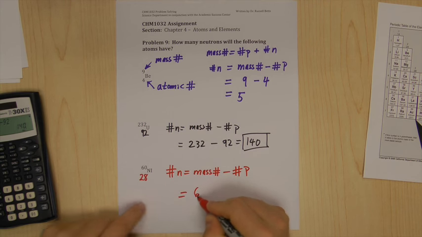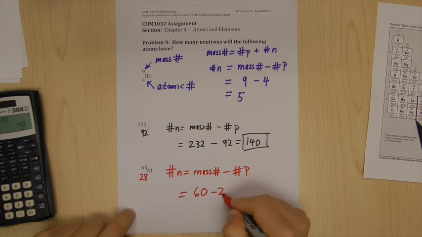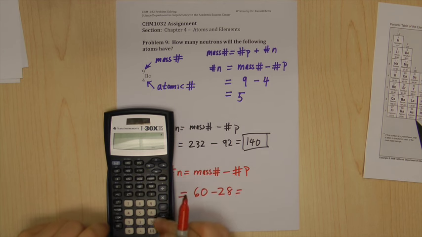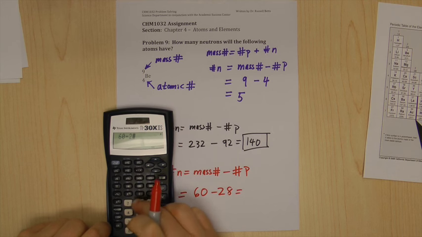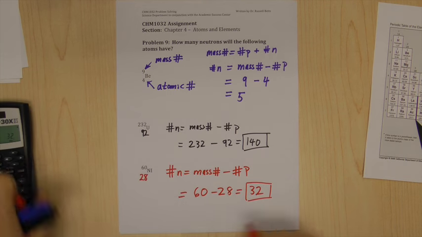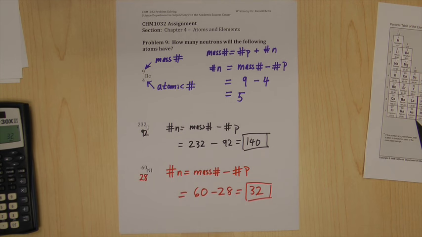So it's going to be 60 from here minus 28 equals, again, let's just crank out the calculator so we don't make any silly mistakes. And that's 32. So the number of neutrons in that atom of nickel is 32.